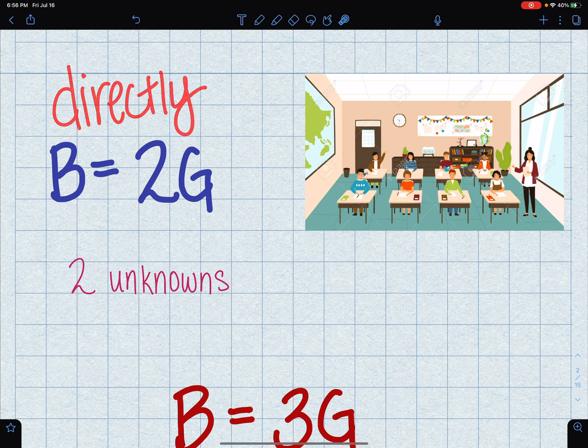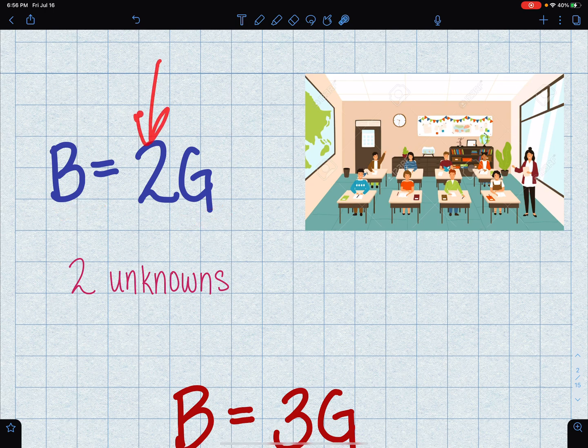Now, the way that these two numbers are related is designated by this. It doesn't have to be a 2. It's just some sort of constant. It has different names, but it's a constant of proportion or a constant of proportionality. And these are your two unknowns, the boys and the girls.